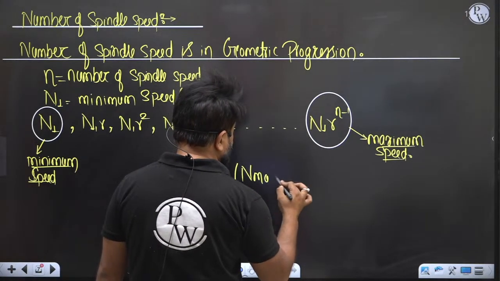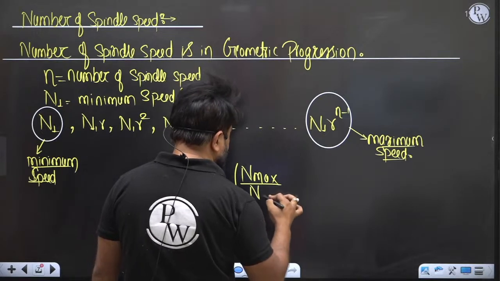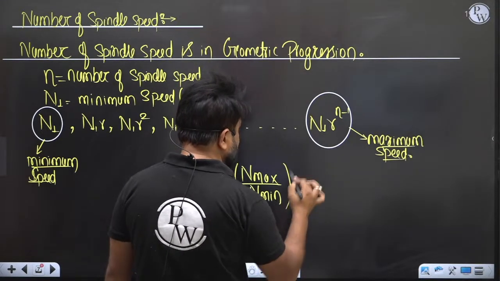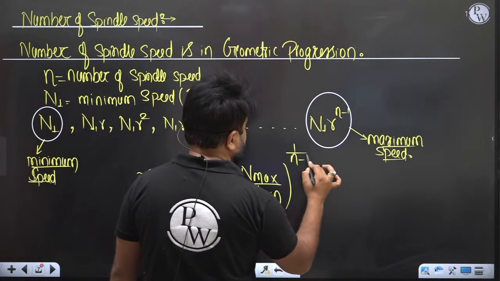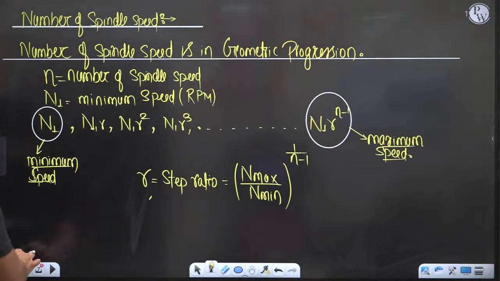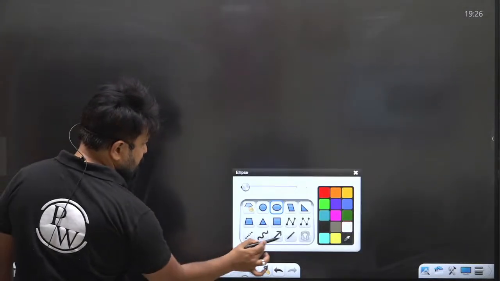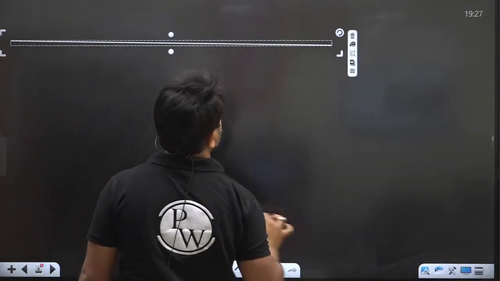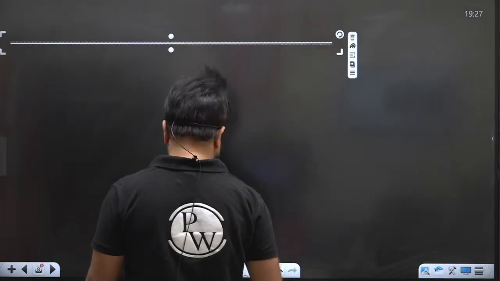That will be N max divided by N min, to the power 1 divided by n minus 1, where n is the number of spindle speeds. Let me explain it with an example.